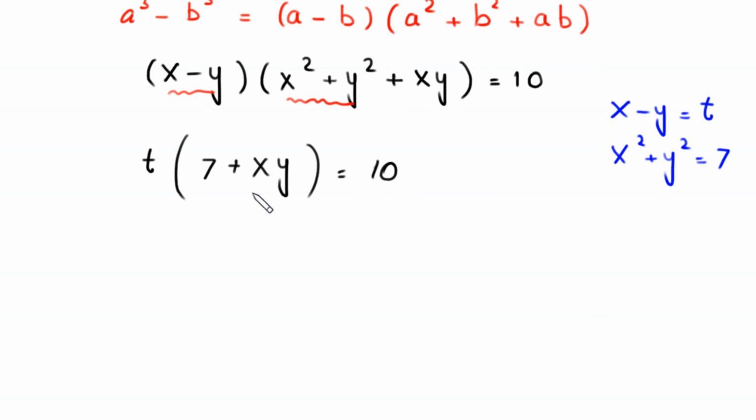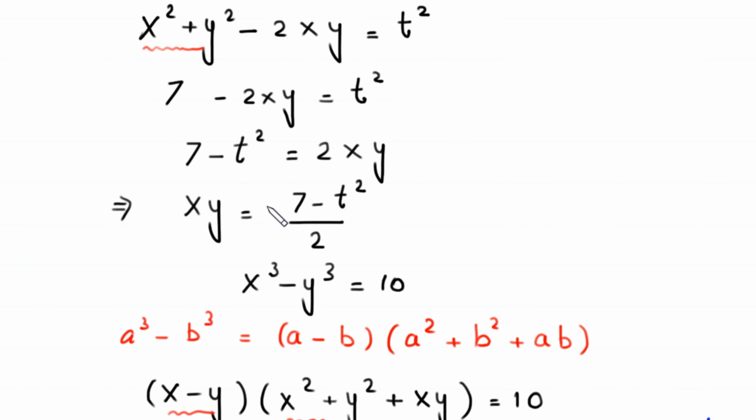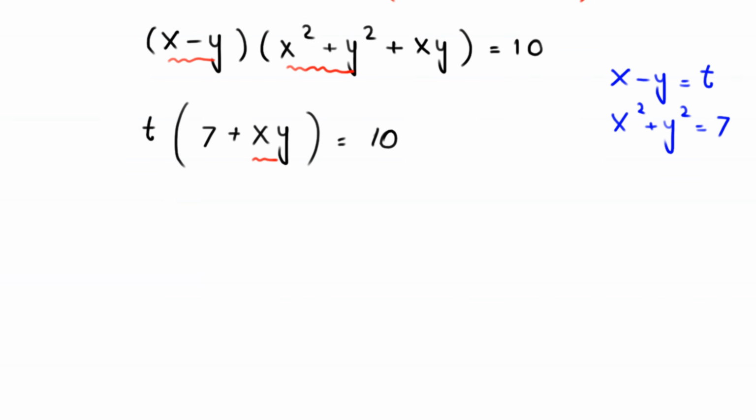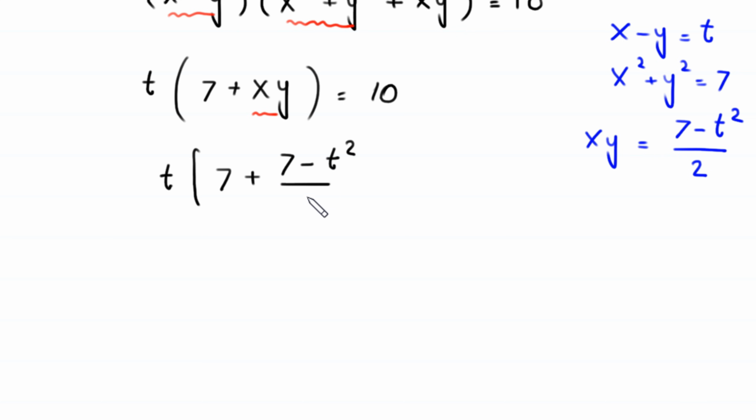Now we replace this x times y with its value, (7 minus t squared) over 2. So this will become t times (7 plus (7 minus t squared) divided by 2) is equal to 10.